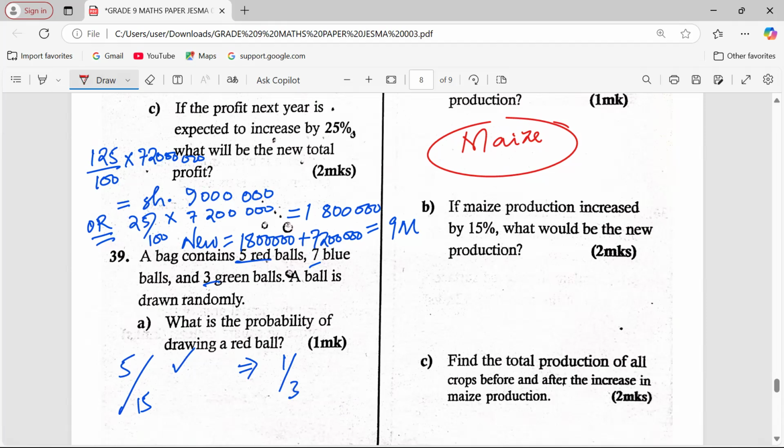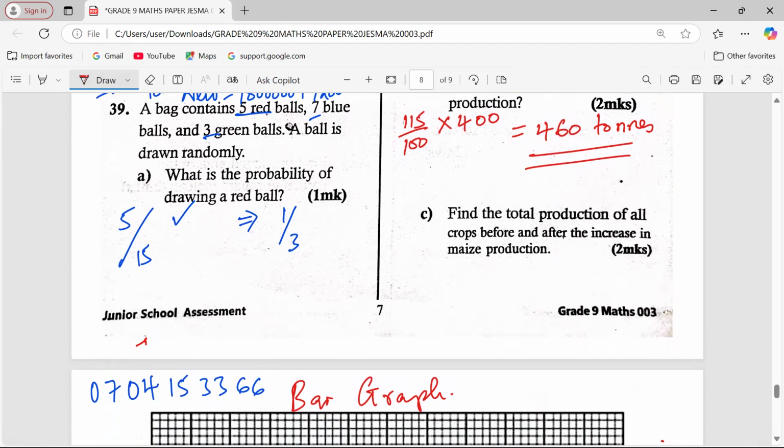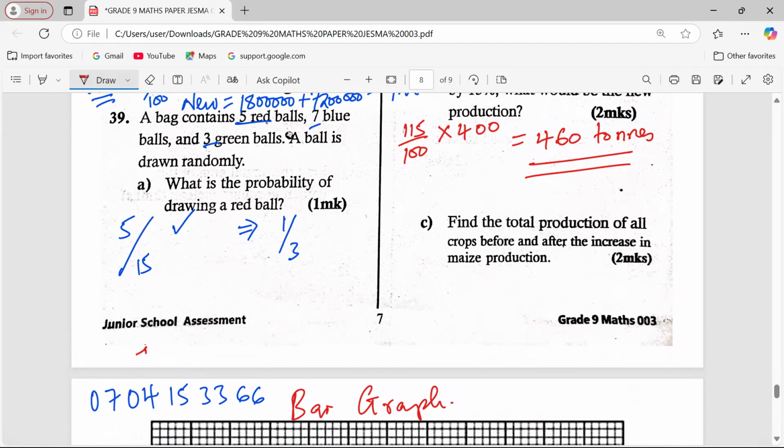So increasing by 15% means it becomes 115% of what it was originally. And originally it's at 400. So we expect it now to shoot up to 460 tons. 460 tons. Then we have a part C, which says, find the total production.